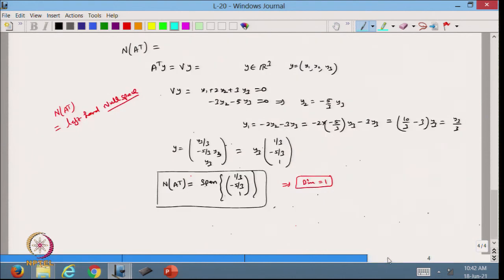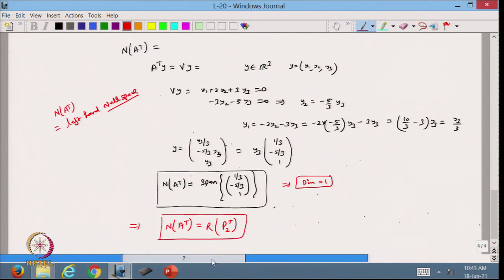So, from here we are going to introduce one thing, that we can also write the null space of A transpose as the range space of P2 transpose. What is P2 transpose?